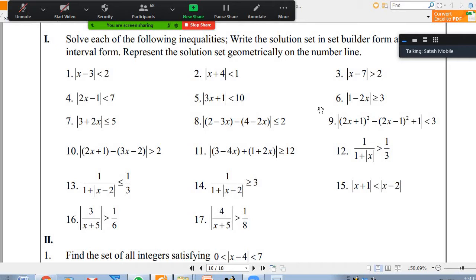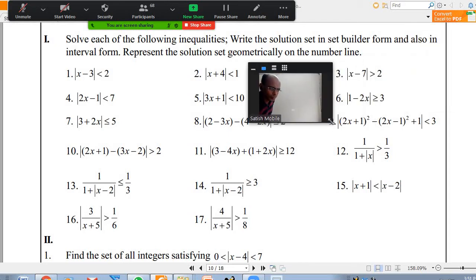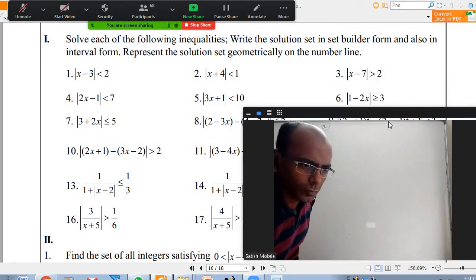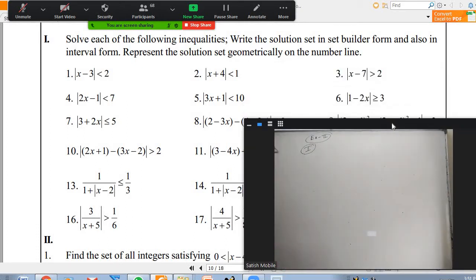Okay, so exercise in that section 1. Okay, very first question. Mod x minus 3 is less than 2.